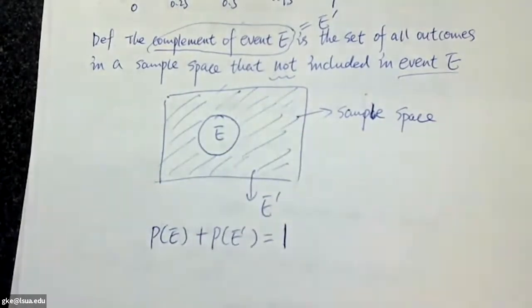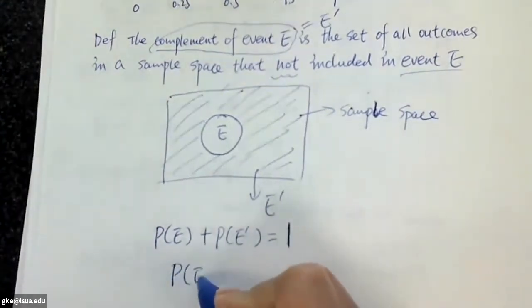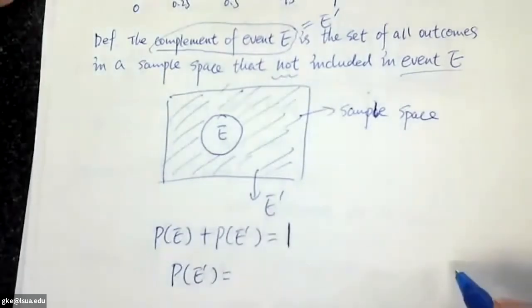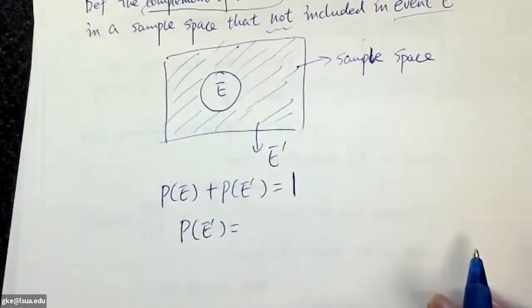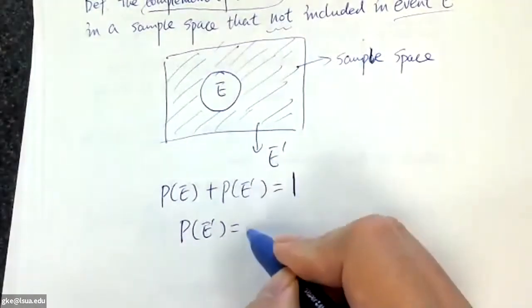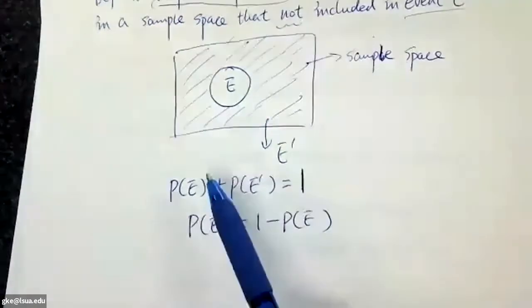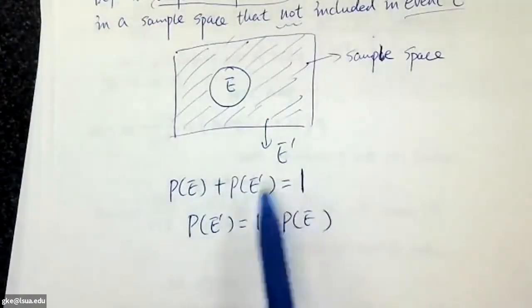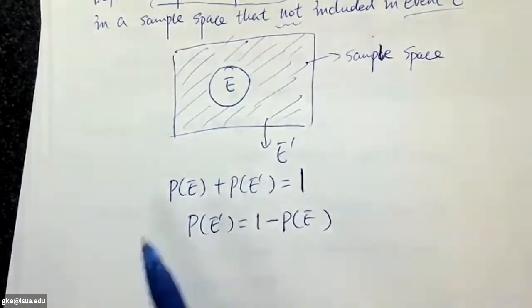And of course, some people would like to write it this way. How to find the probability of E prime? We just let it be 1 minus P(E). Just move this term to the right-hand side, or subtract P(E) from both sides. Okay, you got this.